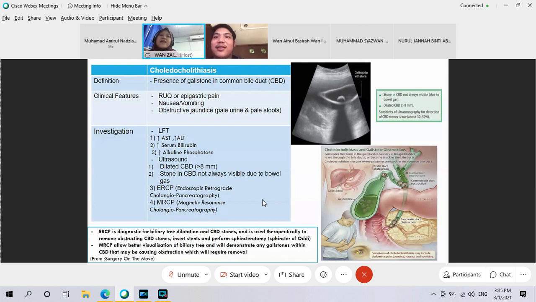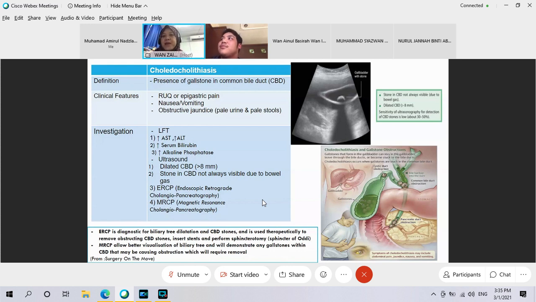Yes. Tak apa, okay. So tadi you cakap, right, so dia punya AST/ALT high, serum bilirubin, yang ni tinggi lah, tak sama dengan cholecystitis just now. Cholecystitis just now, patient mild or tinge of jaundice, bilirubin pun dalam 30 je. Tapi kalau yang macam ni, bilirubin high, 80, 100 kan?